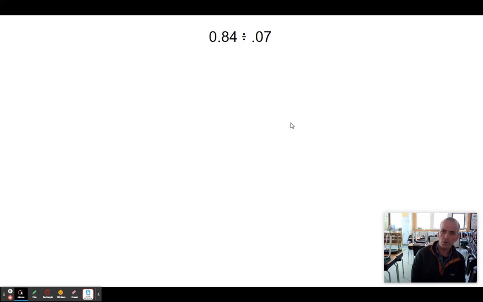Here I have 84 hundredths divided by 7 hundredths. So again, I start with the second number. We need to not have a decimal here, right? We don't want a decimal there. So to get a decimal out of that second number, the number we're dividing by, it gets confusing if we're dividing by a decimal. So I'm going to move that decimal back 2 places. Okay? And I'm going to turn that into 7.